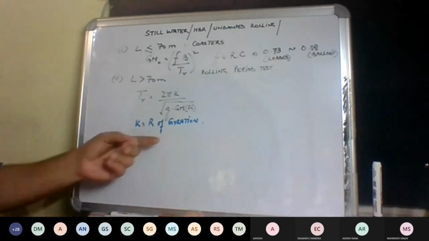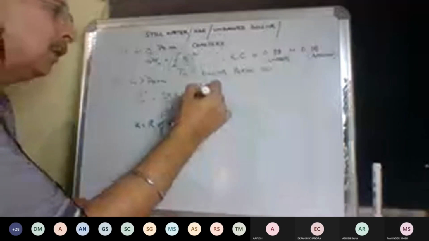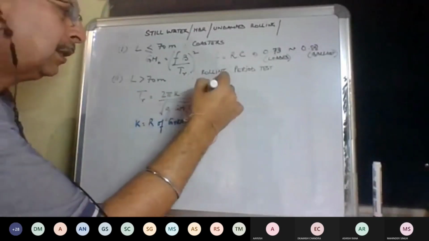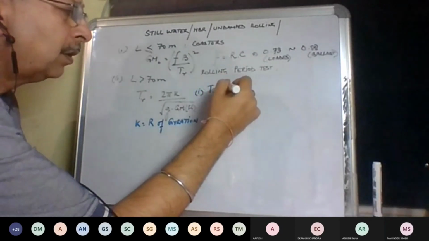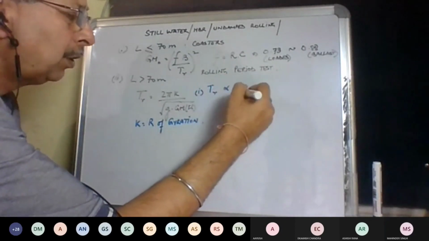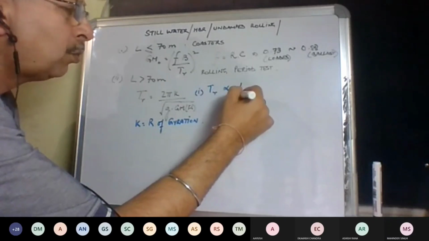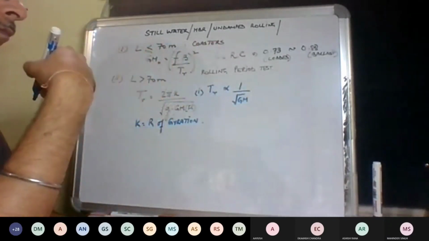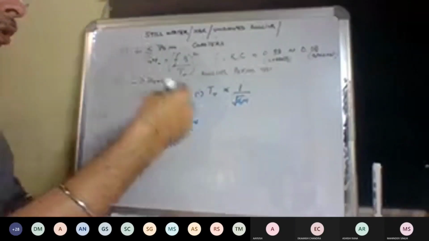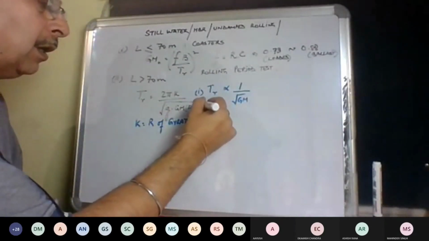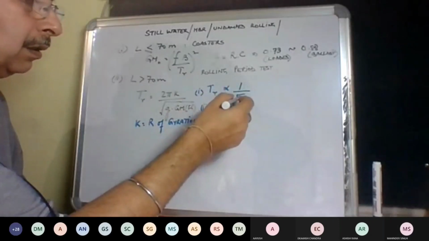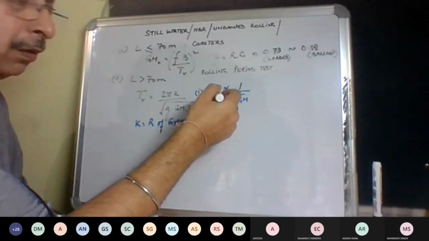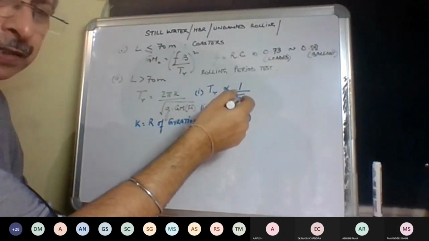And so, from this, the inference that can be drawn is that the time period of roll is inversely proportional to the square root of the GM. Therefore, the more the GM, the lesser the time period of roll, and vice versa.